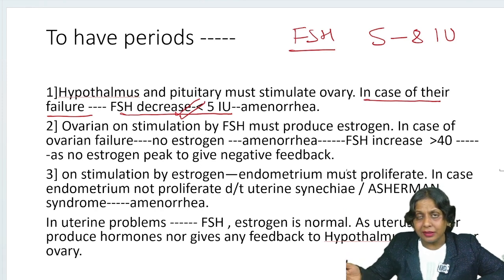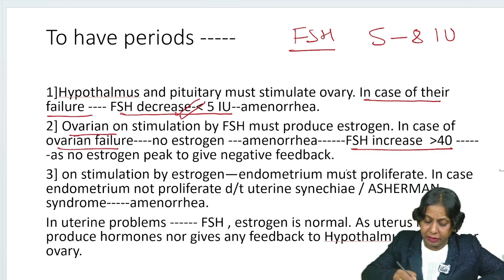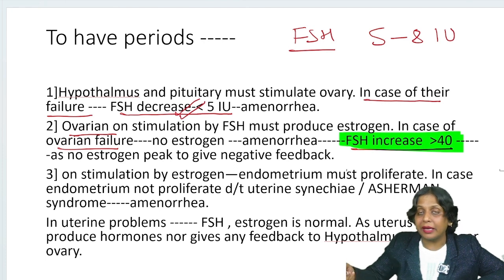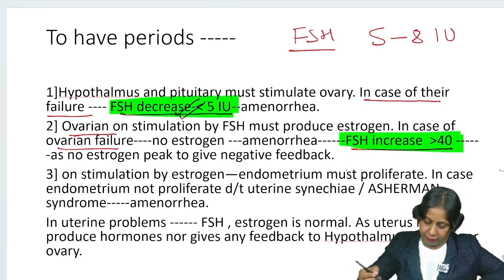So in turn, the FSH will increase and the patient will land up in amenorrhea. So in ovarian failure, the FSH increases, and its value will be more than 40 due to the lack of negative feedback of estrogen. And in hypothalamus-pituitary failure, the FSH decreases and its value is less than 5.